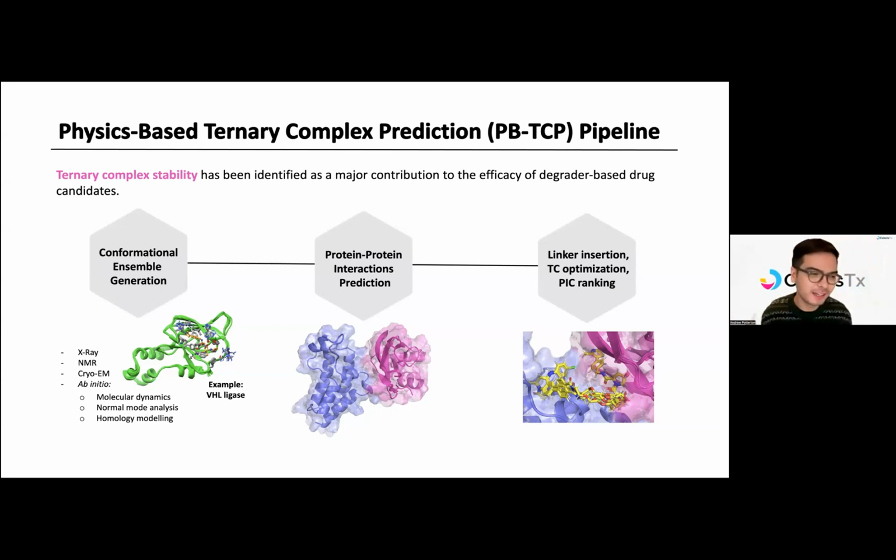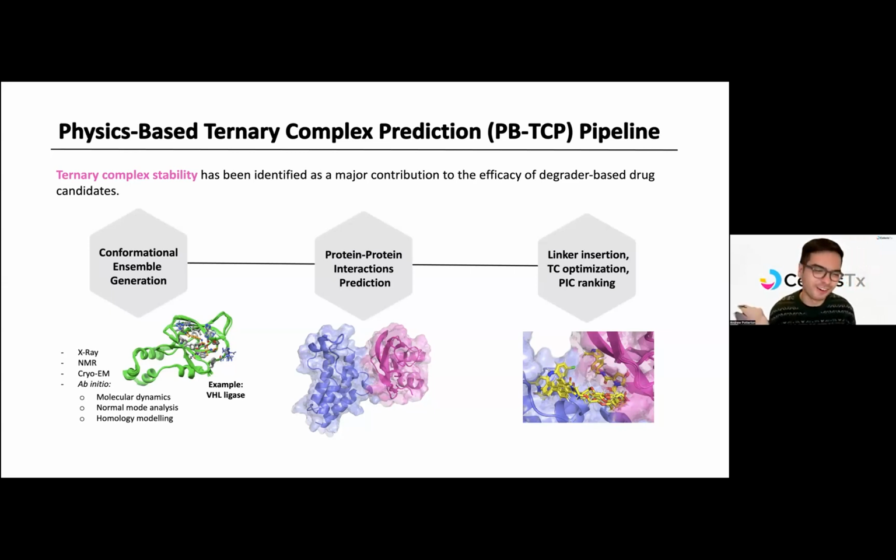The first stage is conformational ensemble generation. We believe it's very important to have different conformations of the protein, both the E3 ligase and the protein of interest. These can be generated using different approaches: knowledge-based approaches, AI, and more physics-based approaches. Typically, your selection will depend on the target.